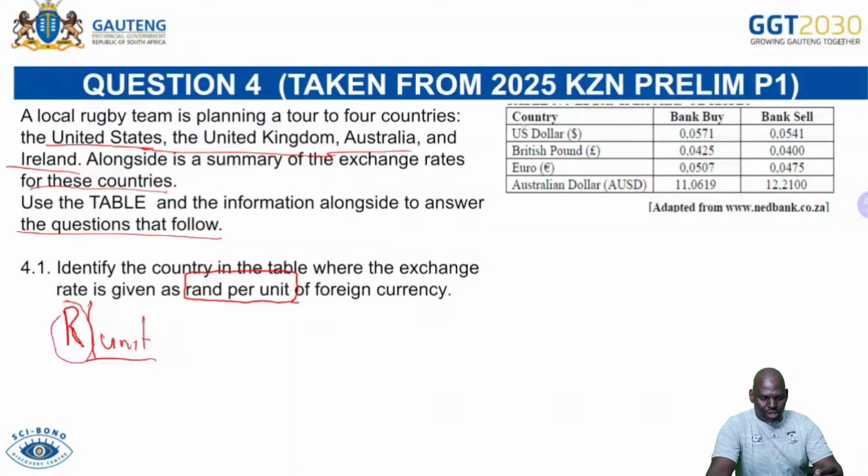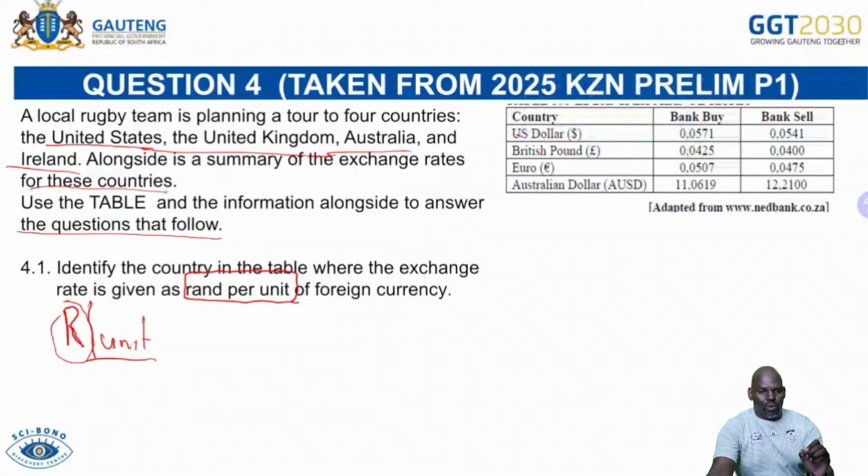If you look at this, they say US dollar, the bank will buy it with 0.0571. We know that the South African rand is actually weaker than all these currencies indicated here. So if I convert from US dollars to South African rand, I'm going to get more rand. If I convert South African rand to US dollars, I'm going to get a smaller number of US dollars.